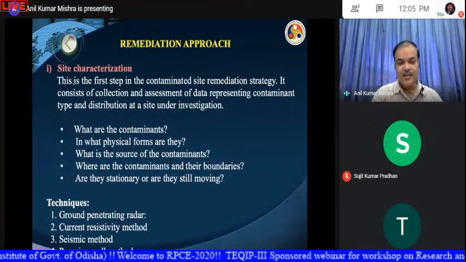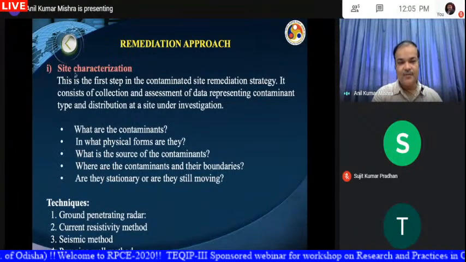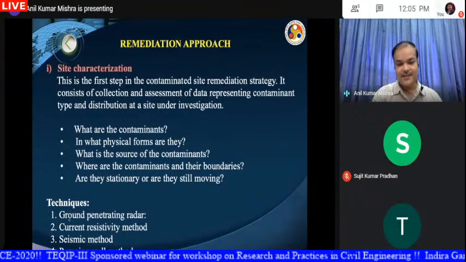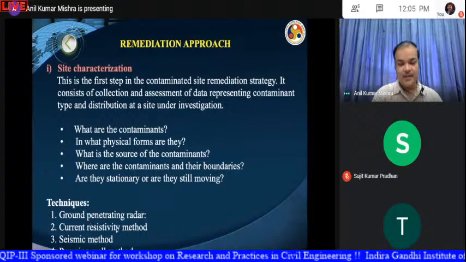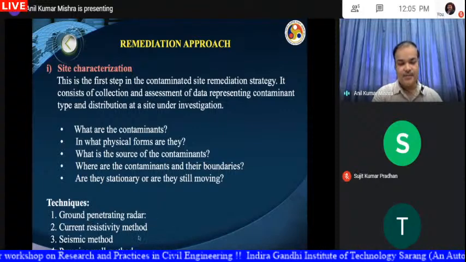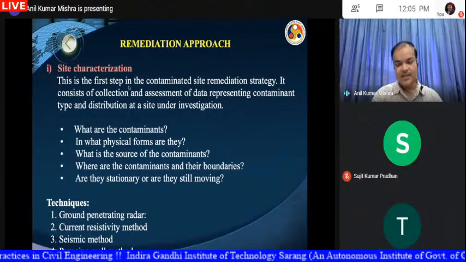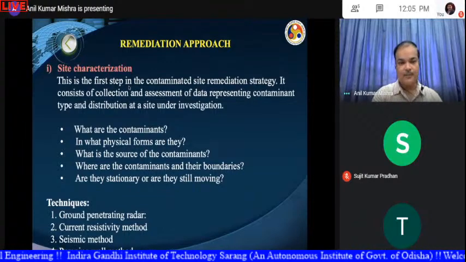So this initial information we can get from site characterization. For this, we have to use different techniques known as ground penetrating radar or GPR, current resistivity method, seismic method, pumping well methods, by which we will know exactly whether the site has been contaminated or not.